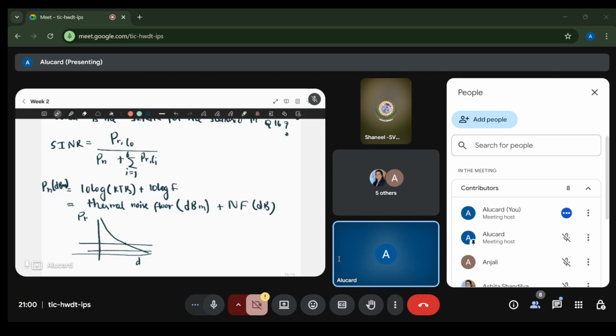Usually this is the maximum distance you can transmit to. But if you have another interfering base station like this, then depending on how much SINR you need, this will be your SINR. So the actual distance you can transmit to depends mostly just on the interferer instead of the thermal noise.